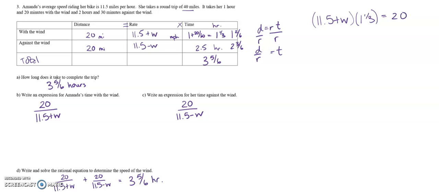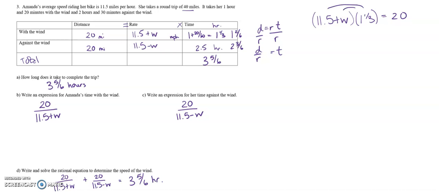So if I take the 1 1/3, which is 1.3 repeating, I need to get that decimal in my calculator. So 1 plus 1 divided by 3. Okay, so I got my 1.3 repeating in my calculator. And then we're going to distribute that.